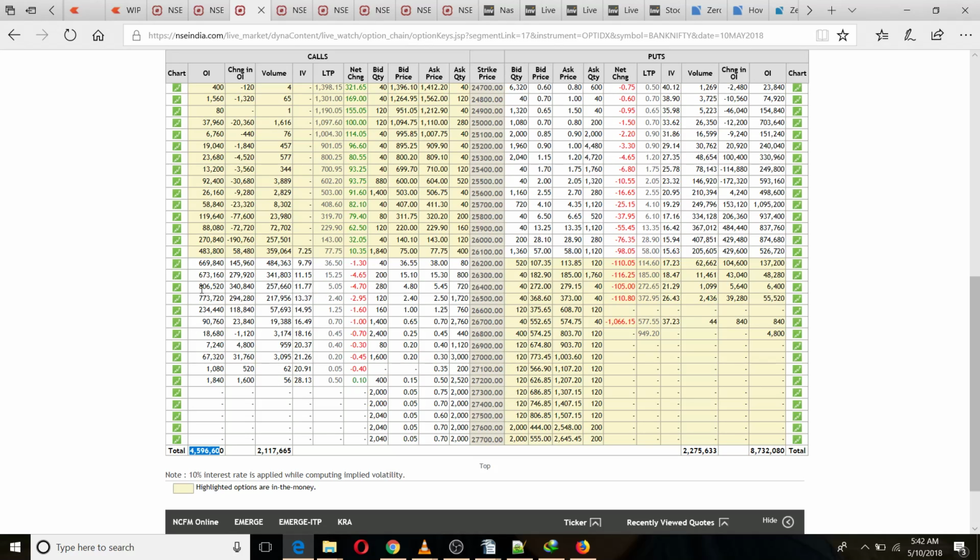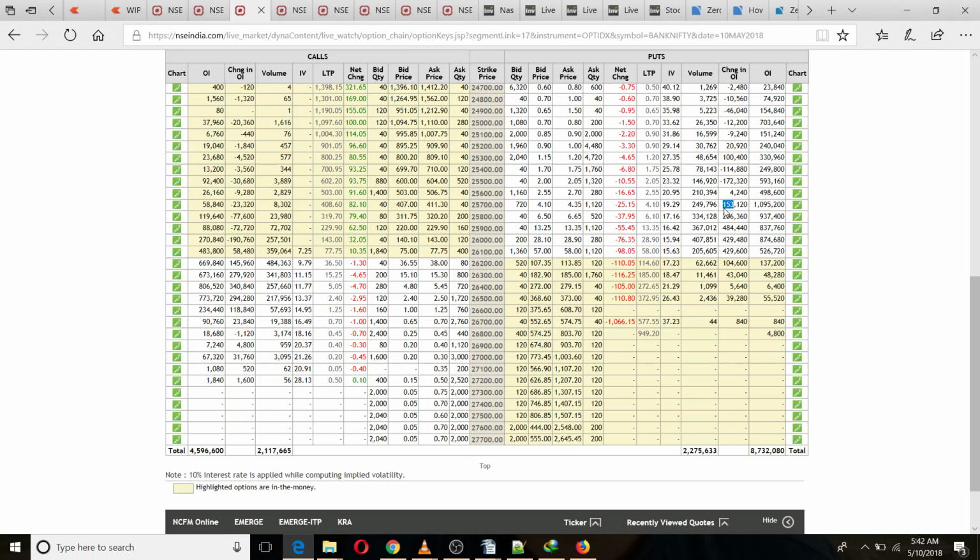We see that maximum call writing has happened at around the 26,400 level, and a good support is around 25,700. So if we have to trade this, we can trade intraday this 10,700. Now the premium is not left much, but if one has capital, one can short the spot and collect the premium. This is what many expiry guys do.